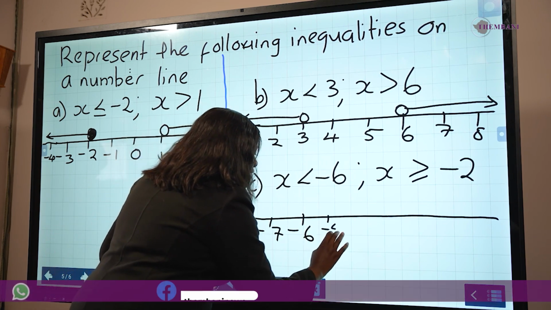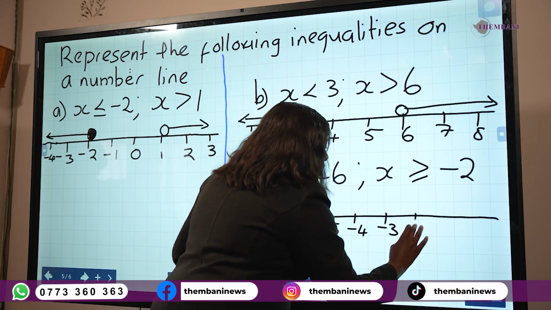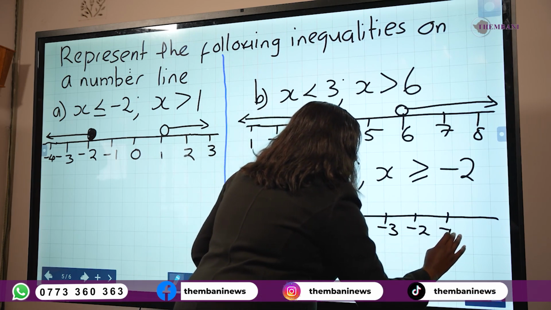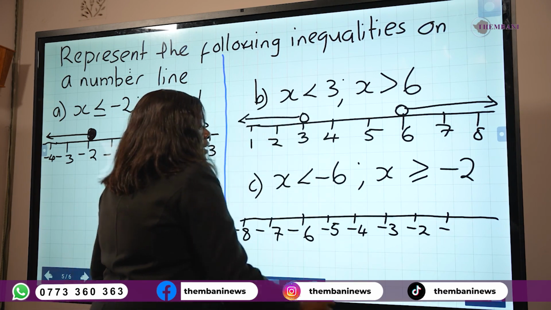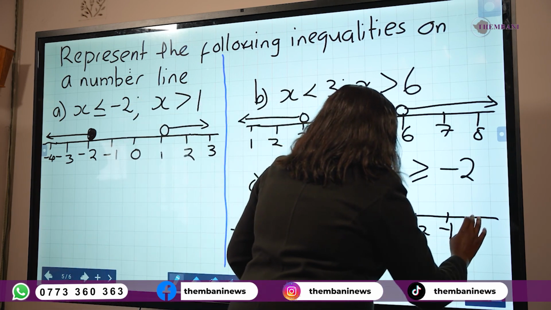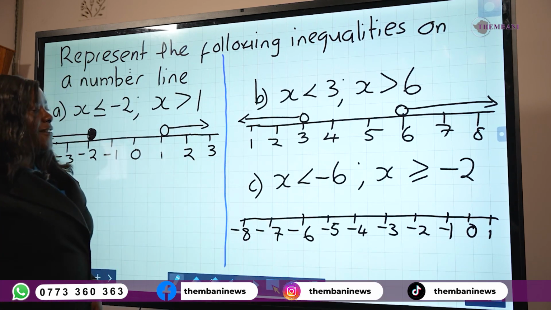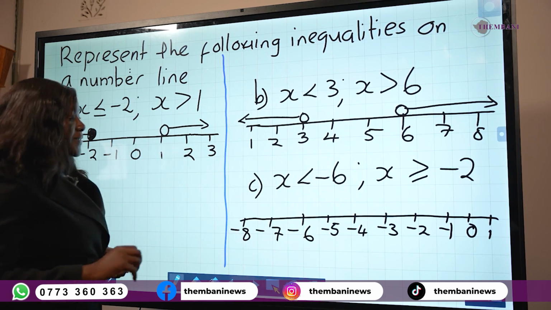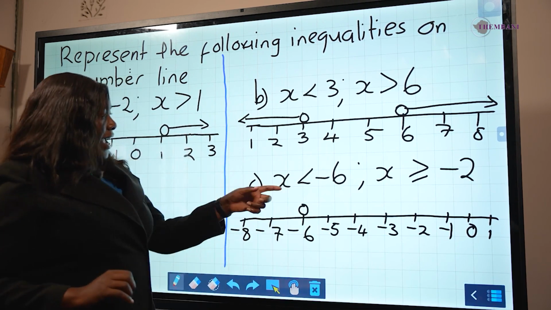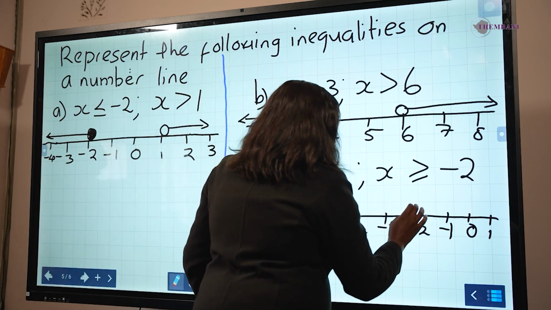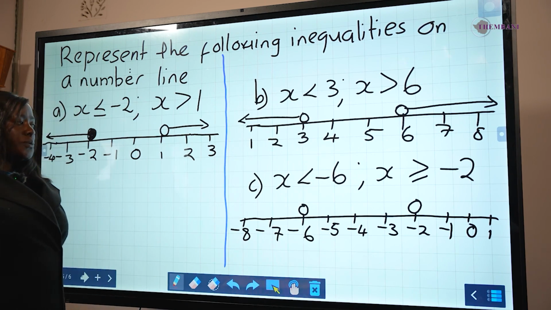And here I have a -5, here -4, here -3, -2, -1, 0, and 1. These are the numbers that I have. My focus numbers: I'm going to put a small circle here on -6, and another small circle there on -2.